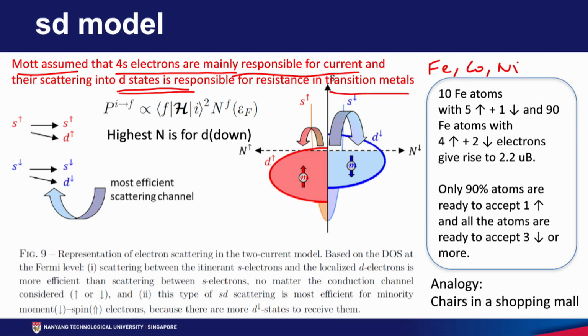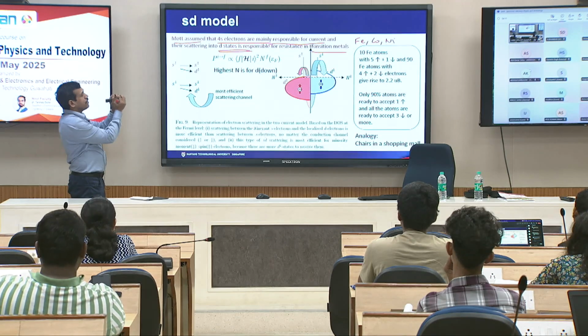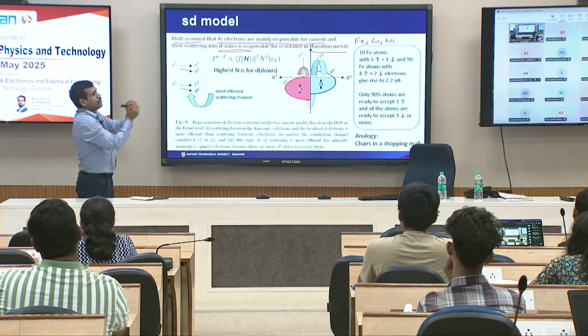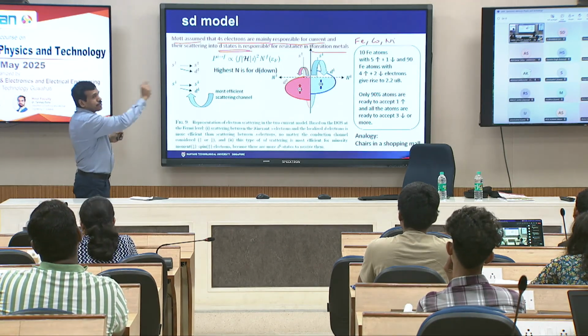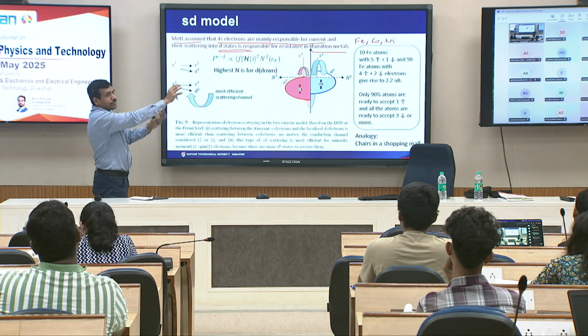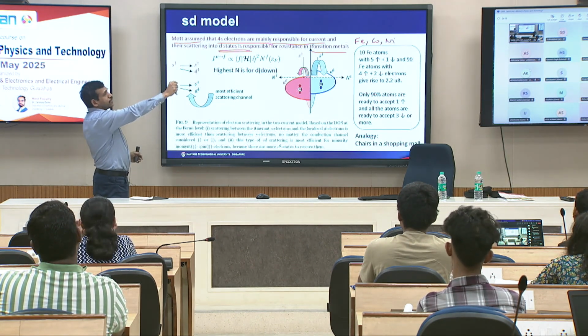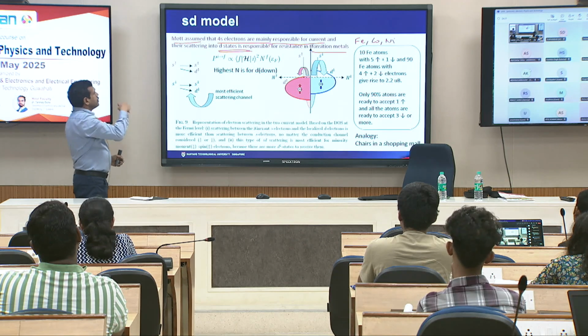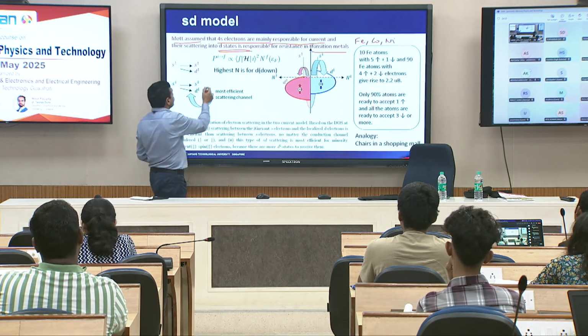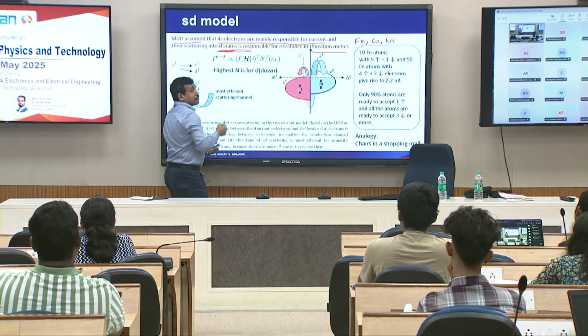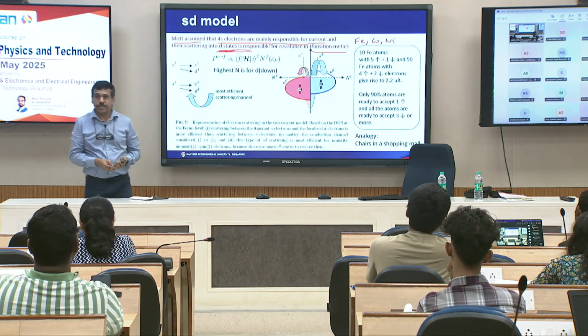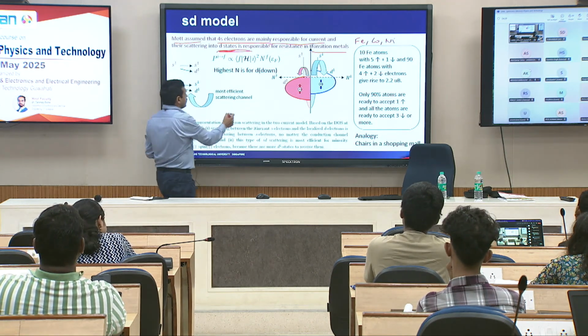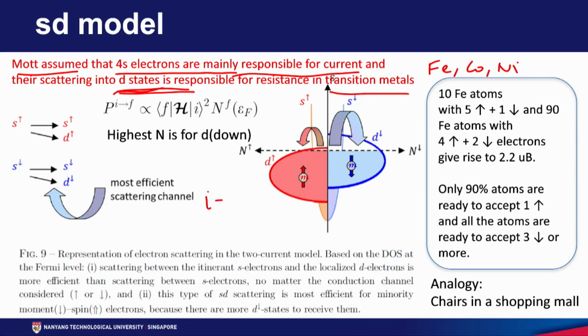Okay, so you have atoms of iron, for example. So we have nucleus of iron, nucleus of iron, nucleus of iron, and so on. The s electrons are moving from one side to the other side. These s electrons may get scattered into the d state. That is what gives rise to the resistance. You know the current is dq over dt, right?